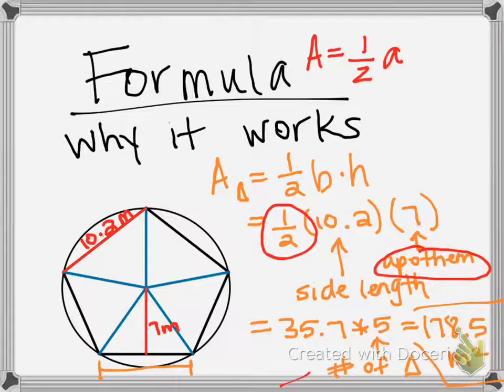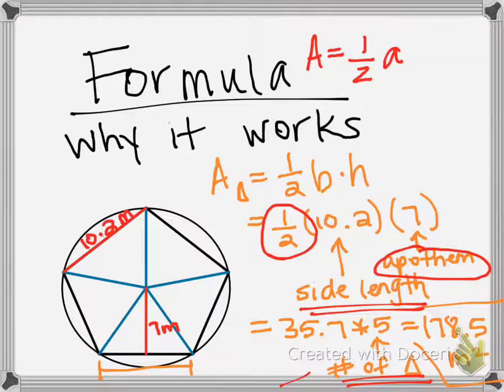But perimeter, where did they get perimeter from? Well, what we did use was the side length, but then at the very end, we took that side length and we multiplied it by 5, because that's the number of triangles that we have.